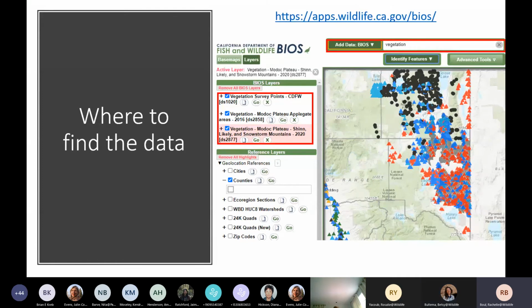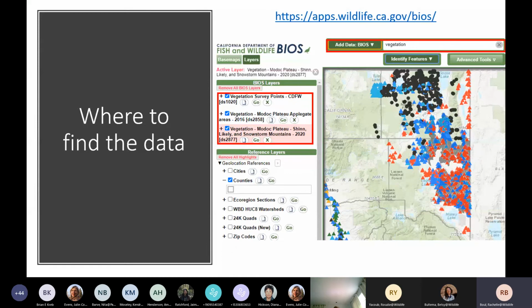For California, our associations, Diana's going to go more into this, so I don't want to go too much into it, but the G and S ranks are listed for our alliances. We don't actually give global ranks, but NatureServe does, and so if they haven't ranked them, then they don't have global ranks. But we do try to rank all of our alliances for the state.